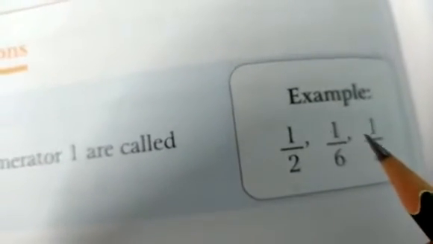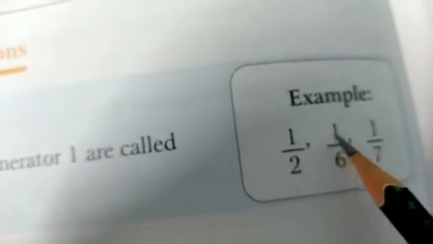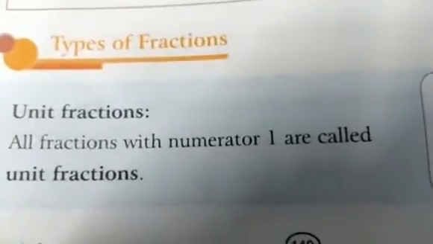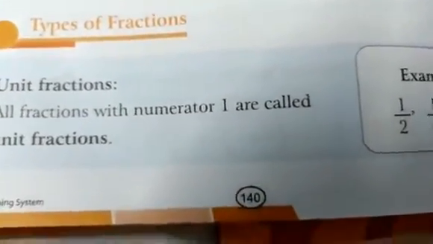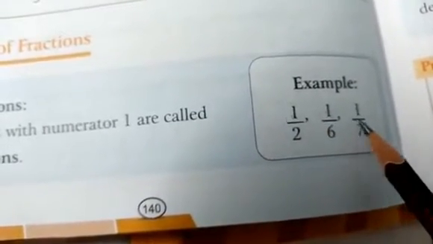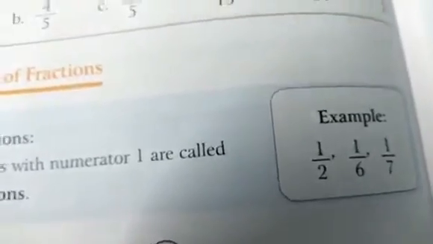Example 1 upon 2, 1 upon 6, 1 upon 7. तो जिसमें भी न्यूमरेटर में 1 रहेगा that is the your unit fraction. Okay, what is the unit fraction? All fractions with numerator 1. जो भी fraction में numerator 1 रहेगा that is the unit fractions.